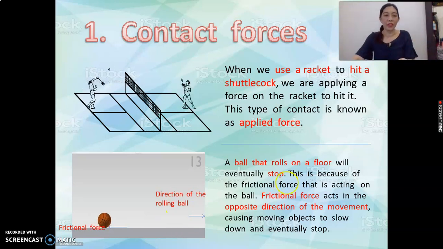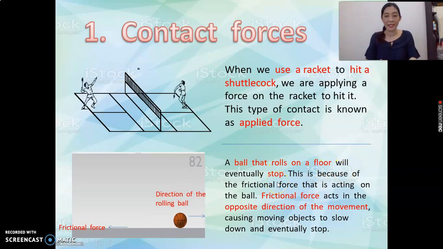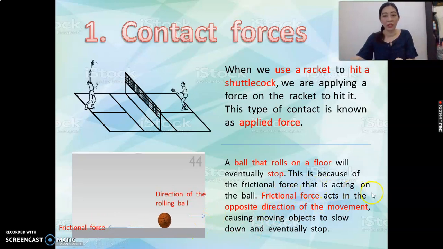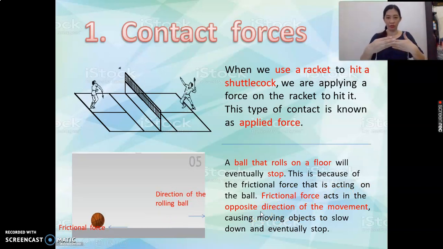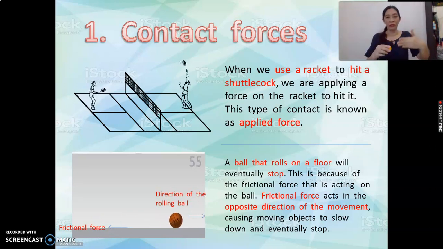So this is another example of contact forces. A ball that rolls on the floor will eventually stop. This is because the frictional force acting on the ball acts in the opposite direction. Frictional force is here, and the direction of the ball is here.